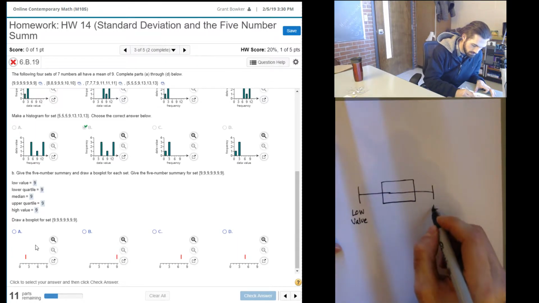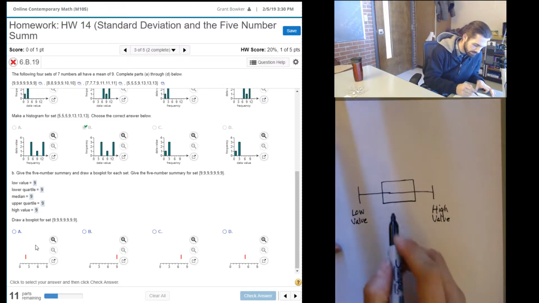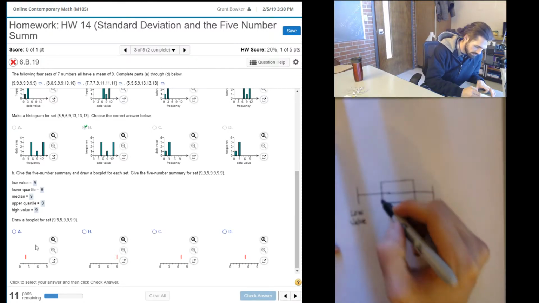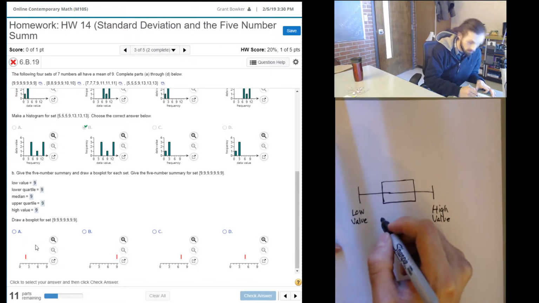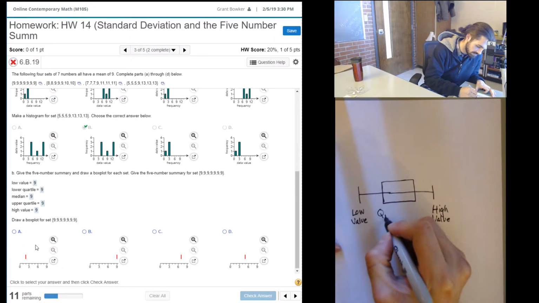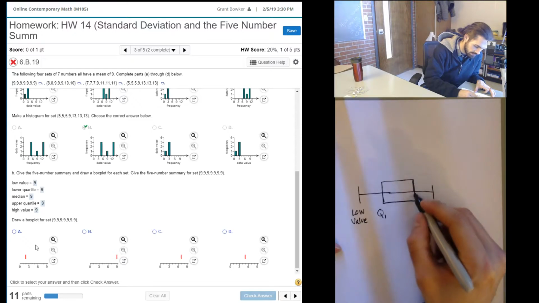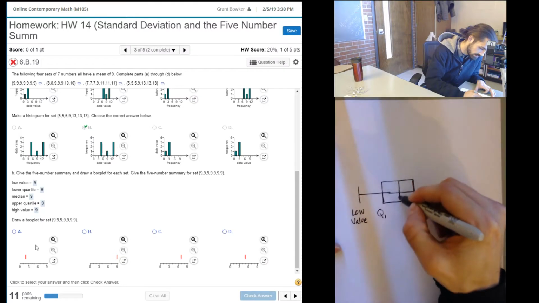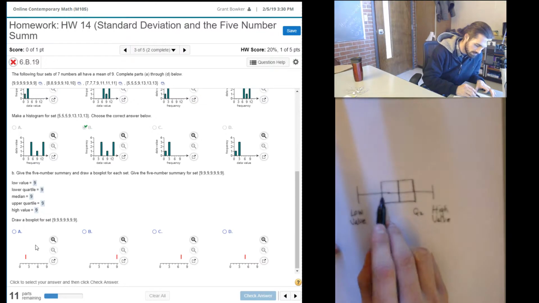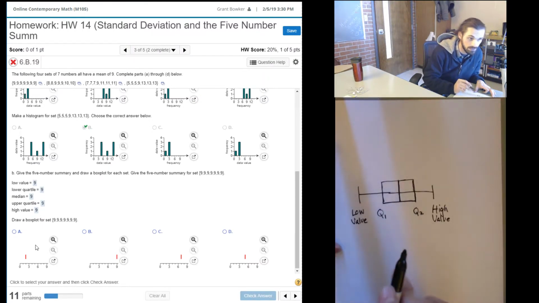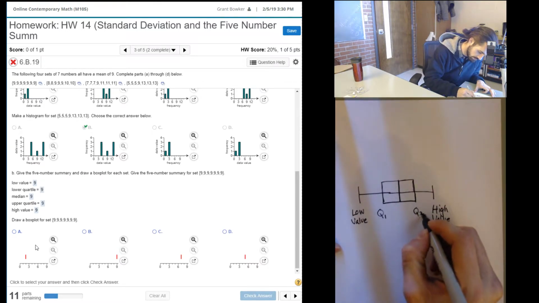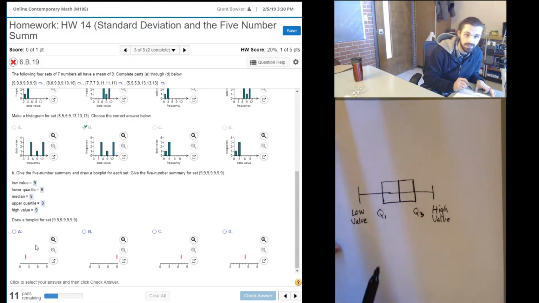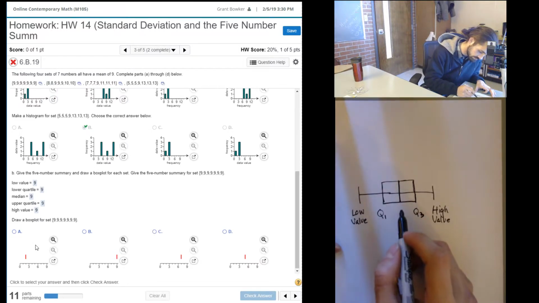This will correspond to the high value. This vertical line corresponds to the lower quartile value, also referred to as Q1. As you might anticipate, this vertical line will refer to Q2. And we also have a vertical line that falls in between Q2 and the high value. I'm sorry, that's Q3 rather. Q2 would refer to the median.